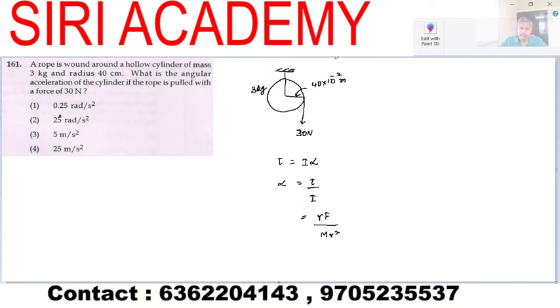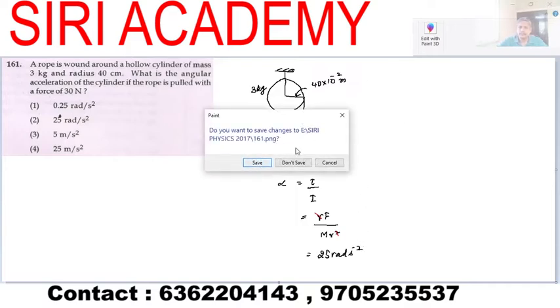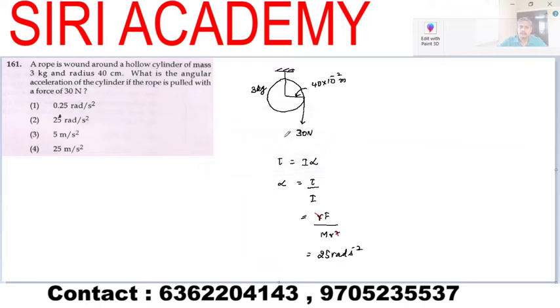So m r square gets cancelled. Upon substituting the values of force and mass, we are going to get 25 radian per second square. The option corresponding to this will be the second one.